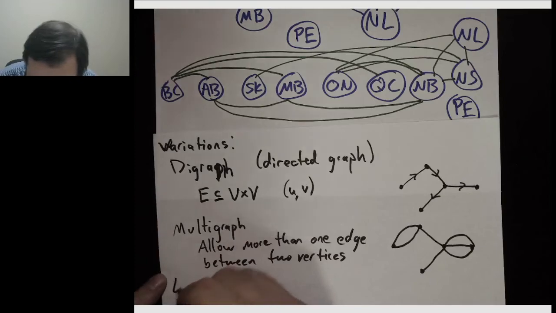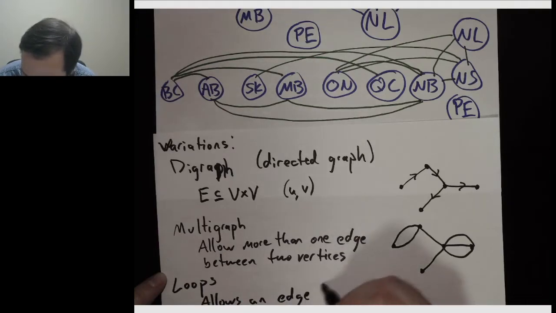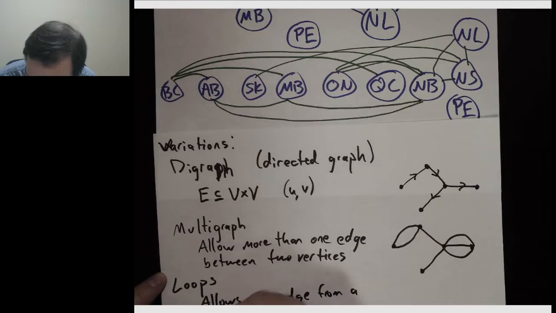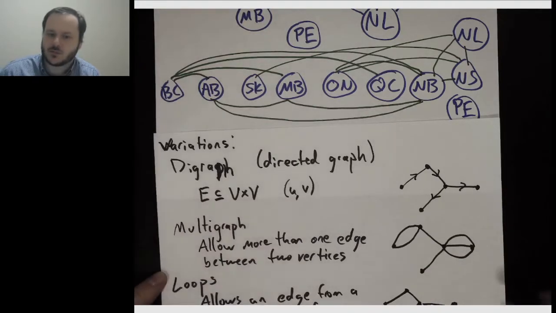times. Your graph could have loops. So a loop is an edge from a vertex to itself. And you can imagine perfectly reasonable that an element might be related to itself.